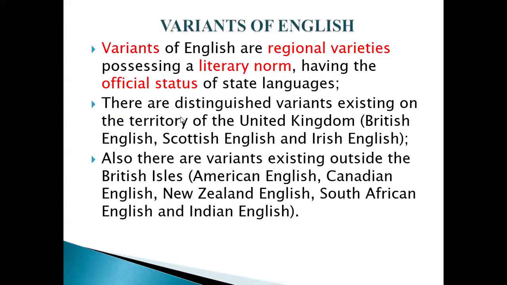Variants of English. Variants of English are regional variants possessing a literary norm, having the official status of state languages. There are distinguished variants existing on the territory of the United Kingdom: British English, Scottish English, and Irish English.